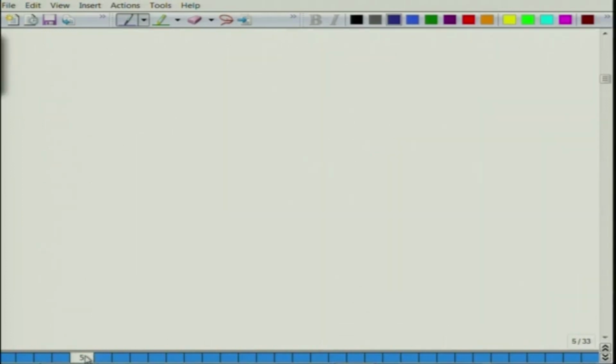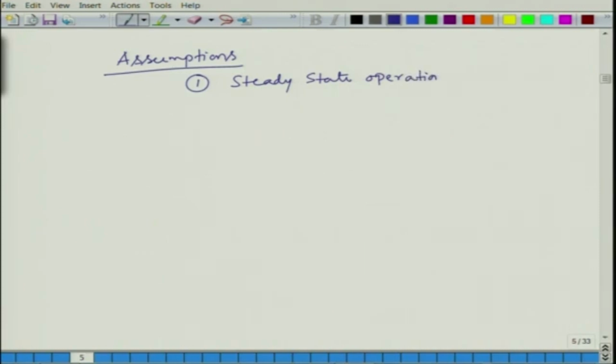Right. Now, if we agree to that kind of temperature profile, let us make certain assumptions. First of all, let us take it as a steady state operation. We will see the unsteady effects later, but to make the framework work, the most fundamental assumption is steady state.